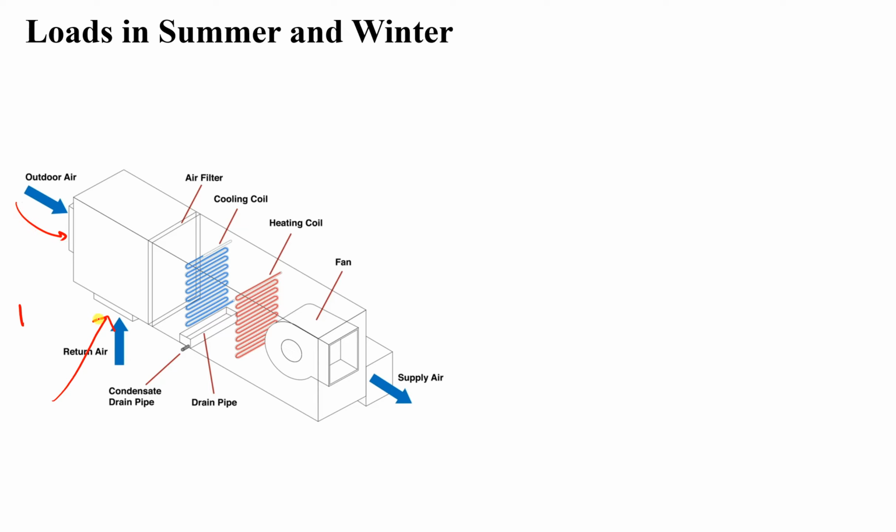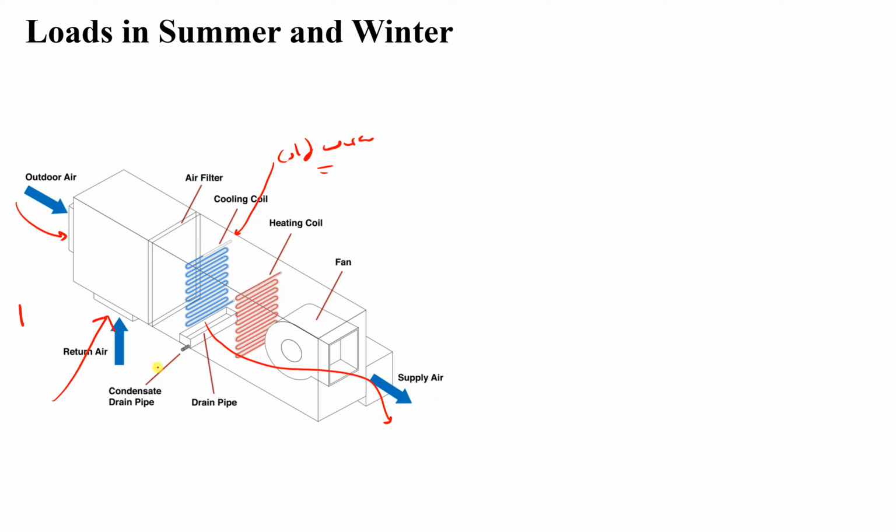The return air and fresh air is provided to our air handling unit or the fan coil unit. And then you can see that we have a cooling coil which contains our water, for example, the cold water from our chiller, and then it will start cooling down and we provide from another grill the cold air, right, as we discussed before.